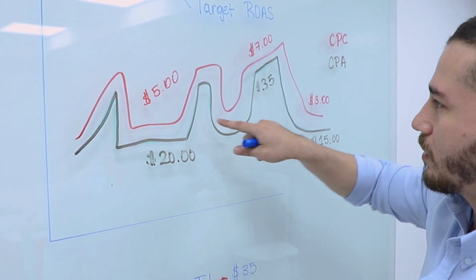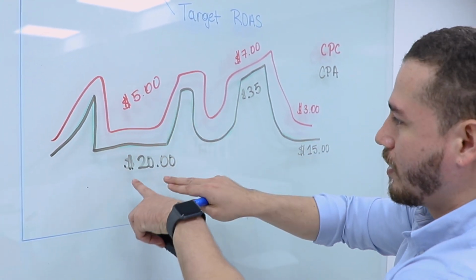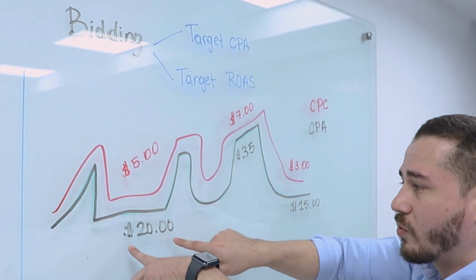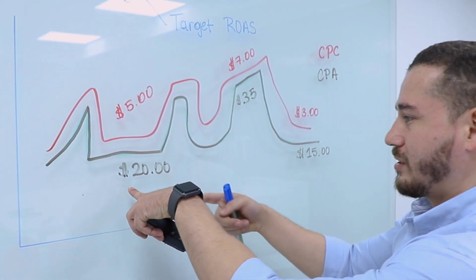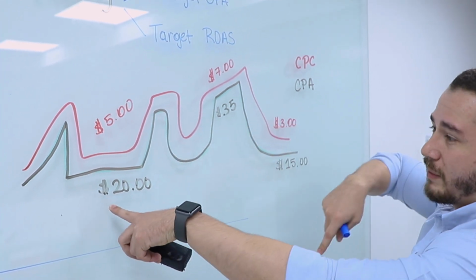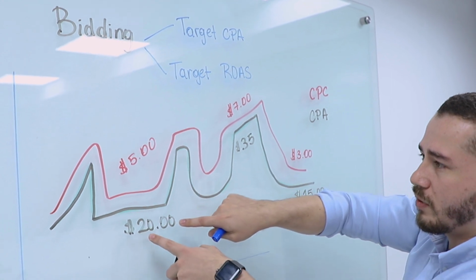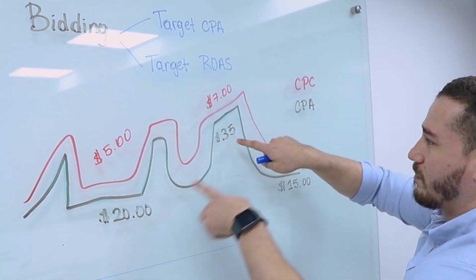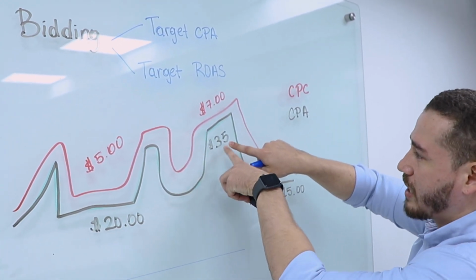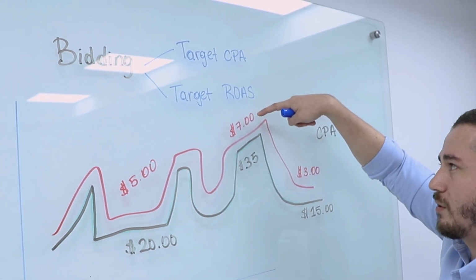So if you wanted to mirror an average CPC of $5, all you have to do is set the target CPA to $20. And the system is gonna mirror that CPC of $5. So if you wanted to raise the bids, for instance, all you have to do is see your trend and eventually, okay, so if with $20 I'm gonna bid 5, all you have to do here is set your target CPA to 35 and the system will mirror an average CPC of 7.